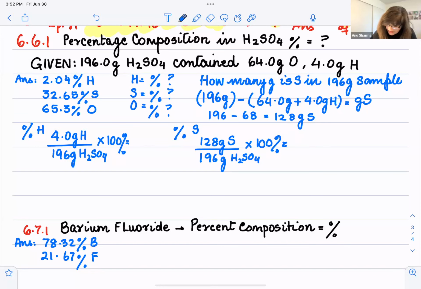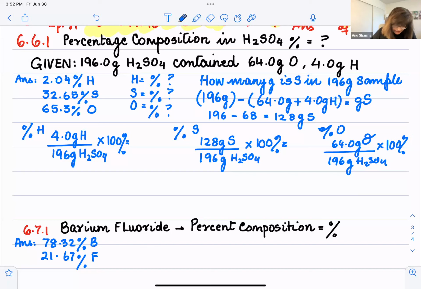Then comes the percentage of oxygen: 64.0 grams of oxygen over 196 grams of H2SO4, times 100%.